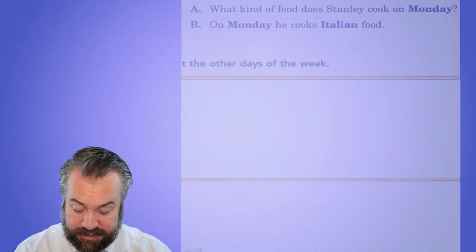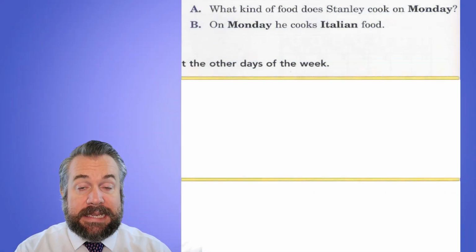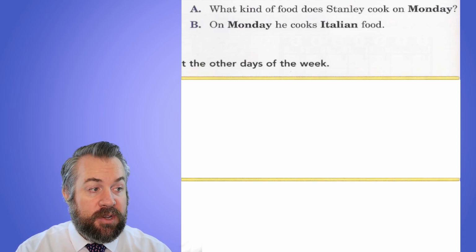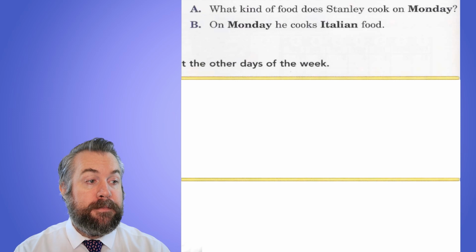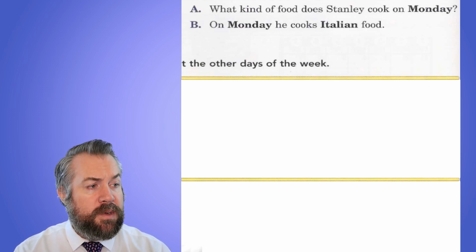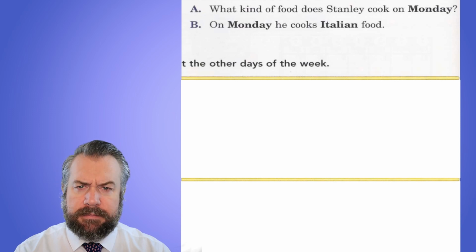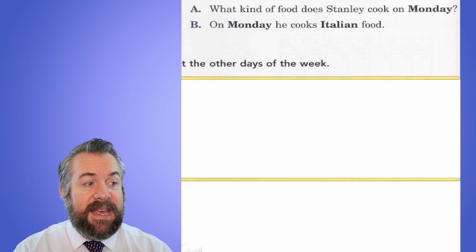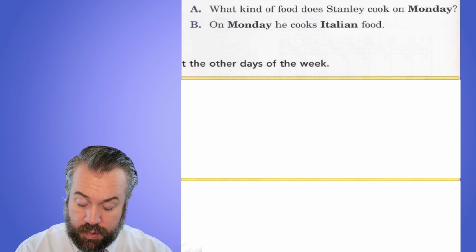All right, let's have a look at the questions. The first question is, what kind of food does Stanley cook on each day? So the first example is Monday. What kind of food does Stanley cook on Monday? Answer: on Monday, he cooks Italian food.